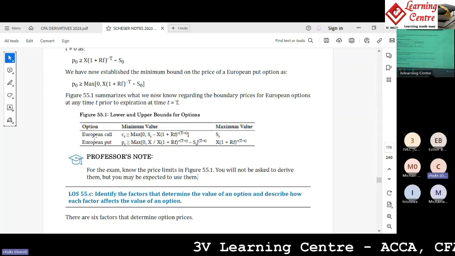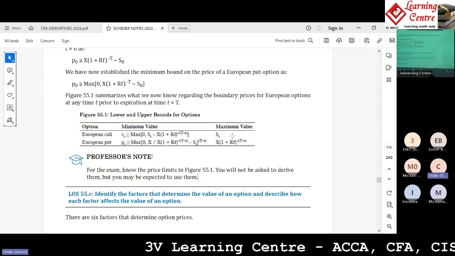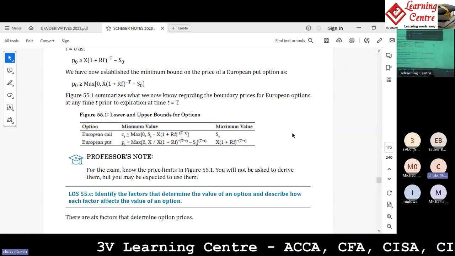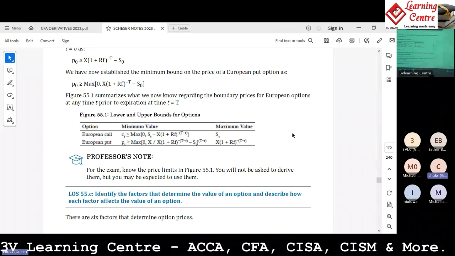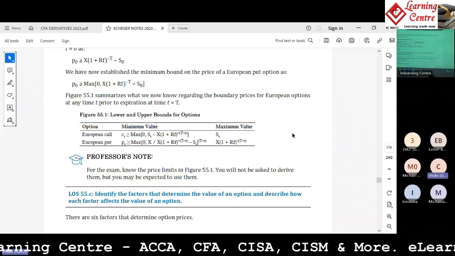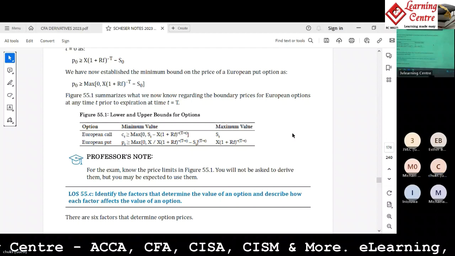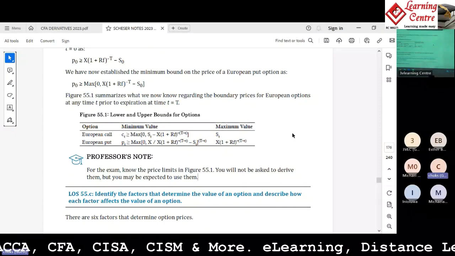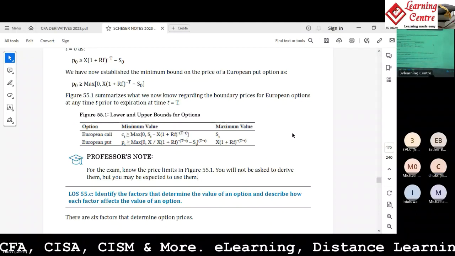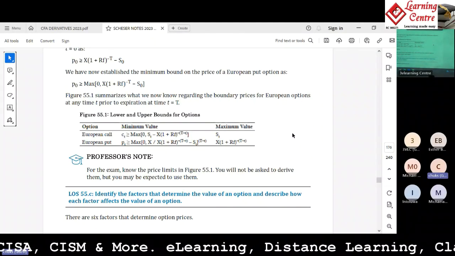Now, for the European call, the maximum value is the underlying price. Remember the example I gave you: for the call, I want to buy at 20. If the value of the asset is 50, I will go ahead and buy at 20.